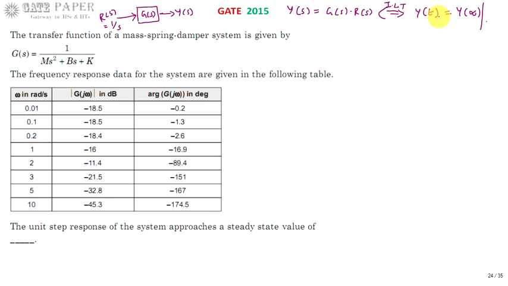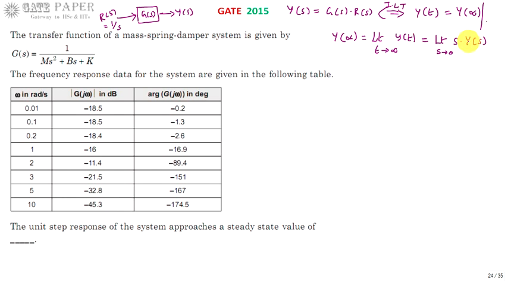Y of infinity in the t domain can be calculated like this. Y of infinity, that is the final value, can be calculated from the final value theorem. The final value theorem can be applied in two different ways: limit as t tends to infinity of Y of t, otherwise limit s tends to 0 of s into Y of s.